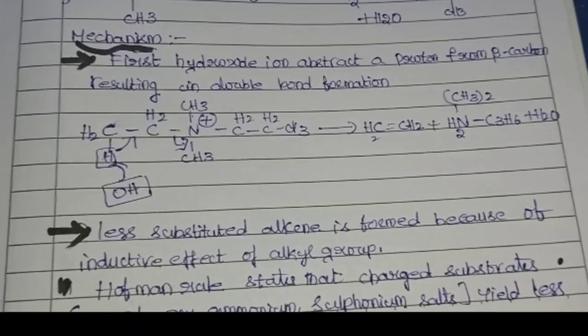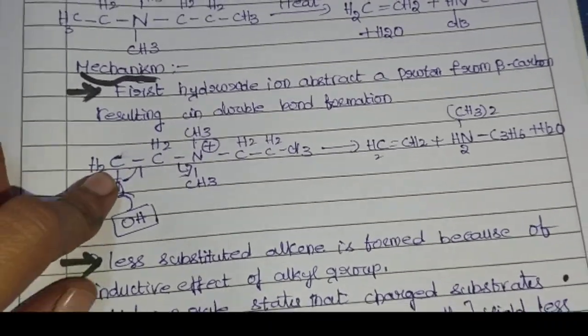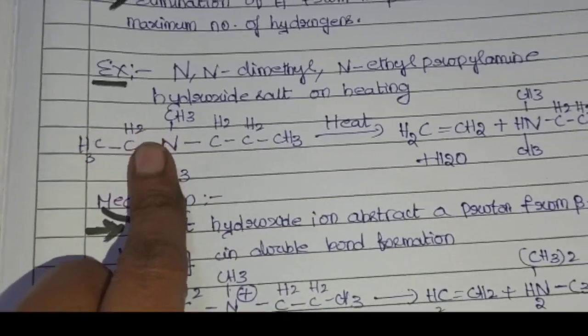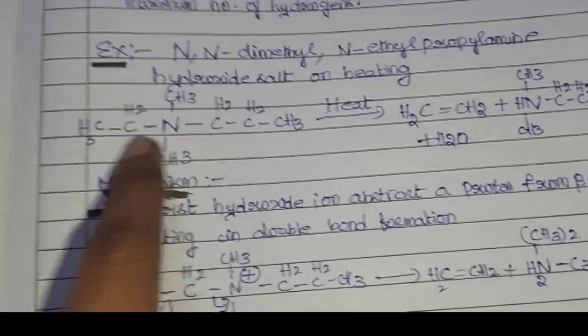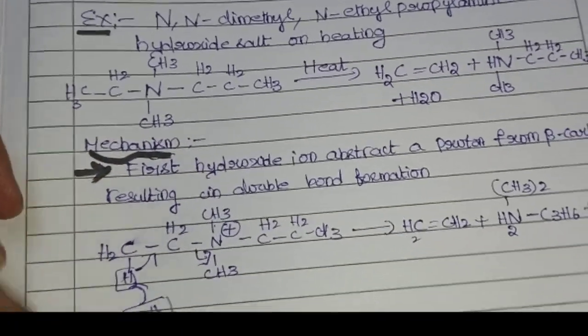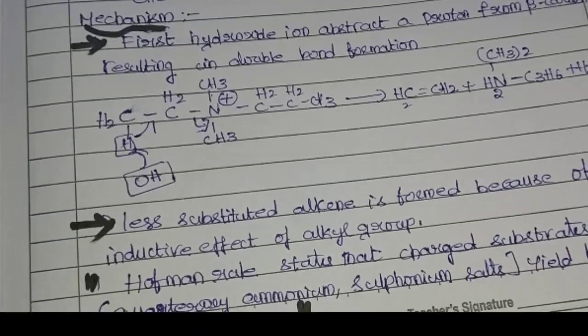Here also, a less substituted alkene is formed, so it contains more hydrogens. When we see here, it contains more hydrogens than this one. So here the proton is removed, so the less substituted alkene is formed. Why is it forming like this?